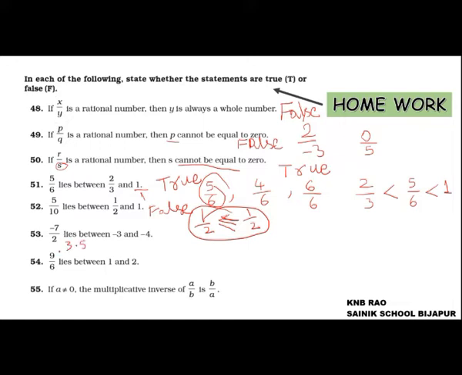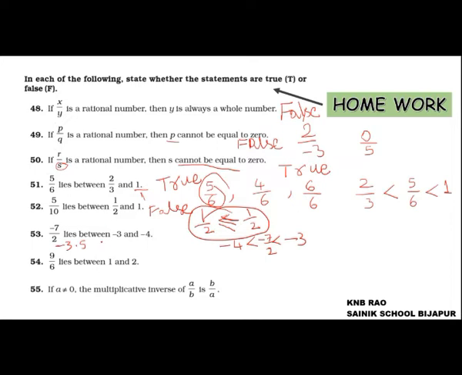Because it is minus 7 by 2, with the negative sign, certainly minus 3.5 lies between minus 3 and minus 4. It lies exactly in the center.